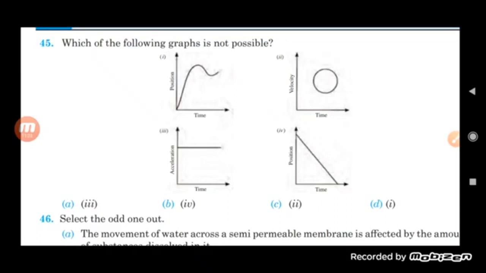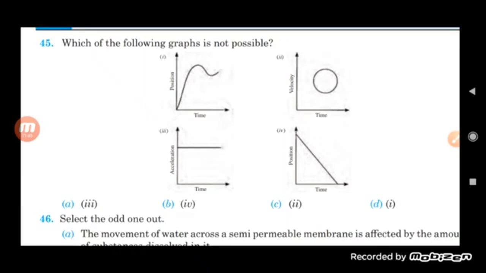Then the third one, in which the object is moving with constant velocity, and the fourth one shows retardation. Basically, in the position-time graph, an opposing force is acting on the object, so there is a decrease in speed.